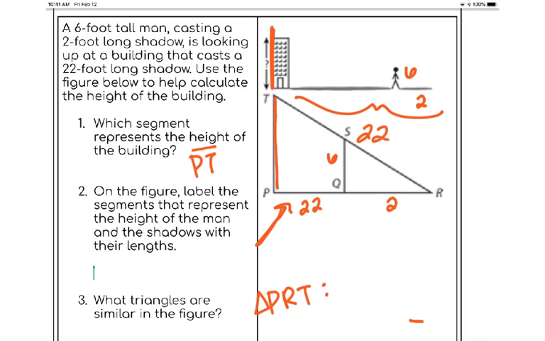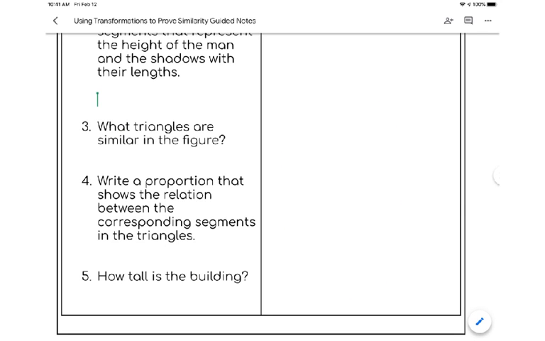Okay? So triangle PRT is similar to triangle QRS. Okay, so these two triangles are similar, so we're going to try and figure out proportions to be able to determine different missing features if we need them.